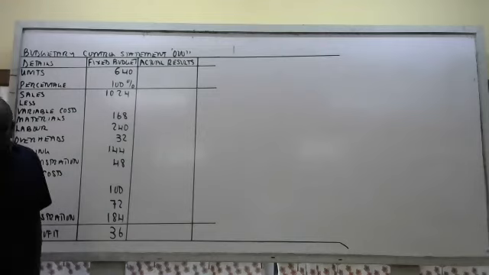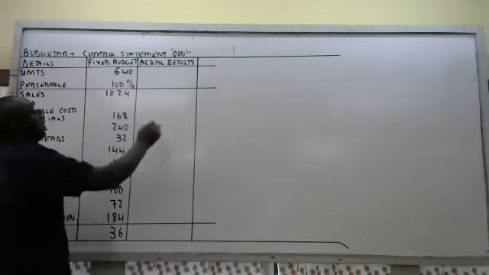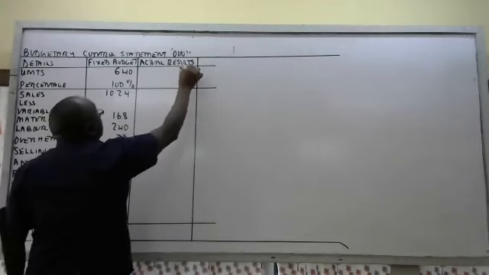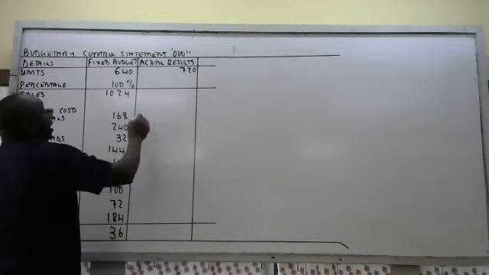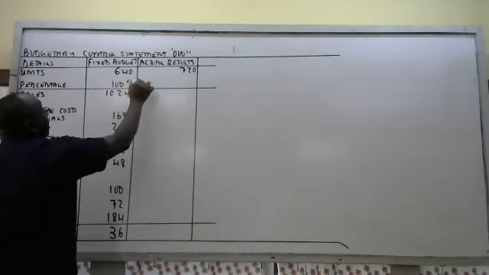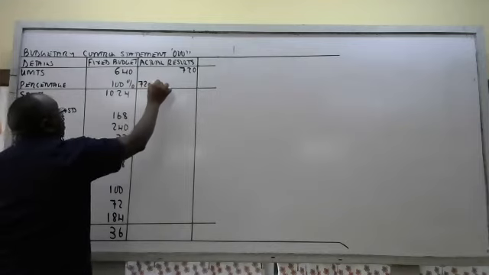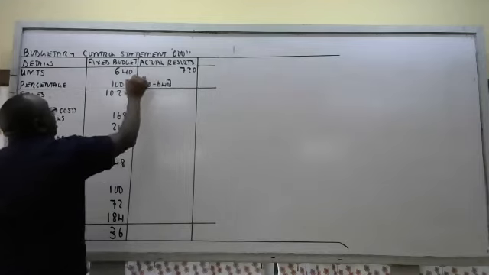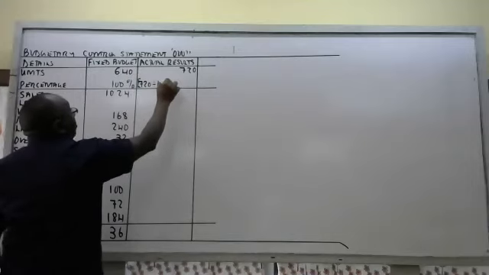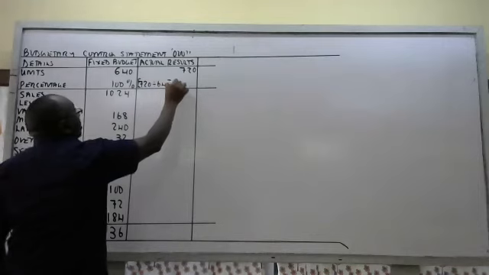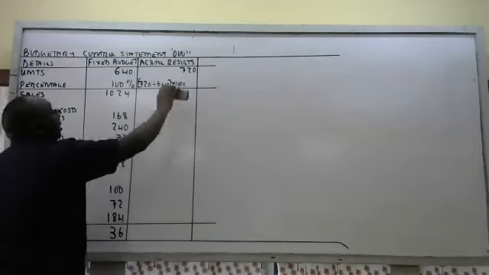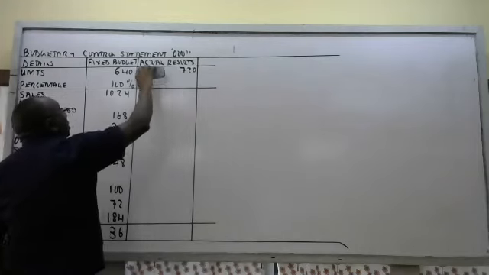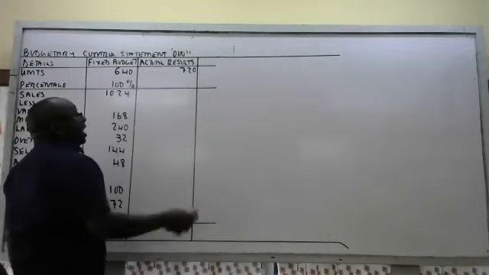And the actual results, the units are 720. So what we need to do next is 720 divided by 640, multiplied by 100%. We get to know what is the actual percent.